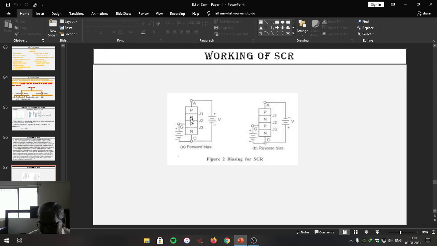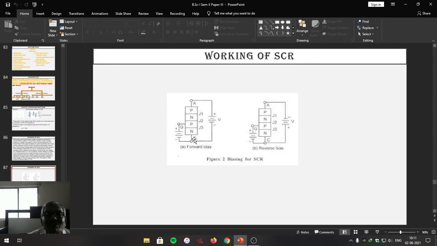Now we are aware of how a PN junction diode works. When the junction is forward biased, electrons from the N region and holes from the P region start moving towards the junction. Hence, the width of the depletion layer across that junction decreases and the barrier potential reduces. The same thing happens across J3 also.